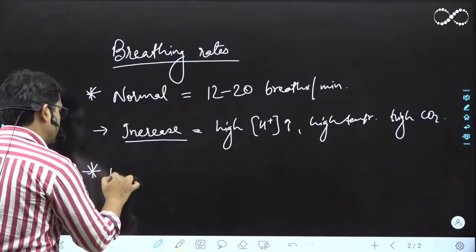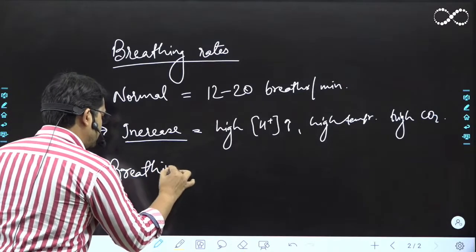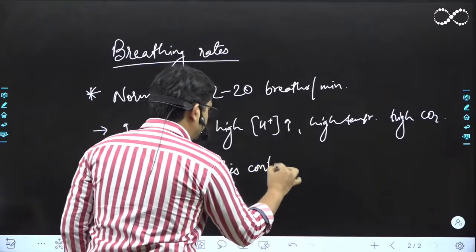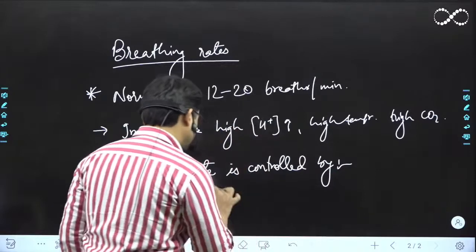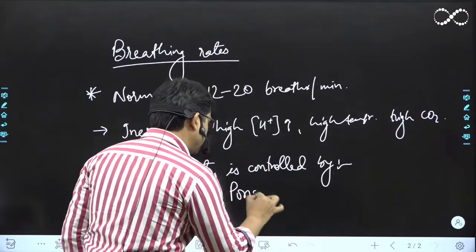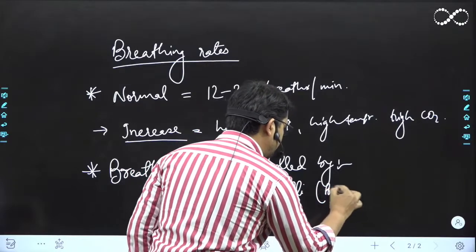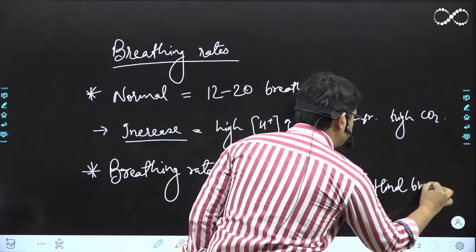याद रखिएगा. Breathing rate is controlled by pons varolii, है ना, which is in our brain. Brain में भी कहाँ? It is part of hind brain.